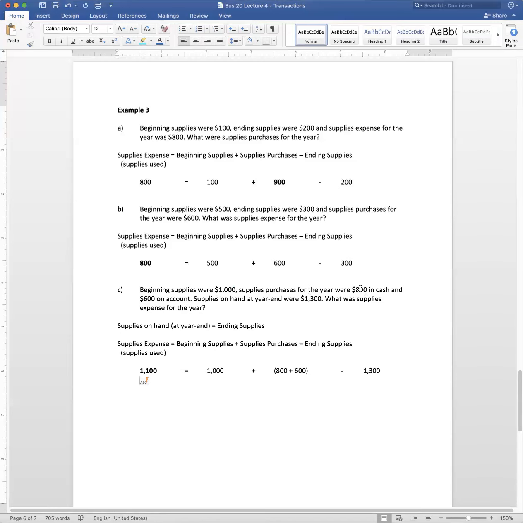The purchases were 800 in cash plus 600 on account. And then the ending supplies, the supplies on hand, were $1,300. And so that means that our supplies expense has to be $1,100.